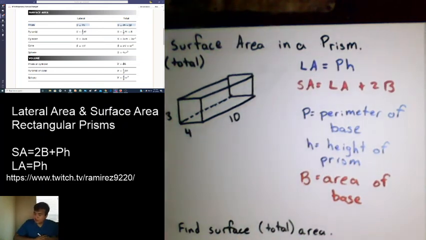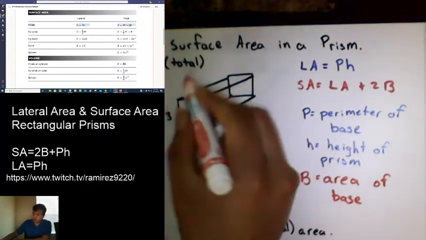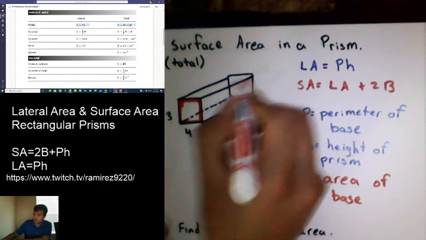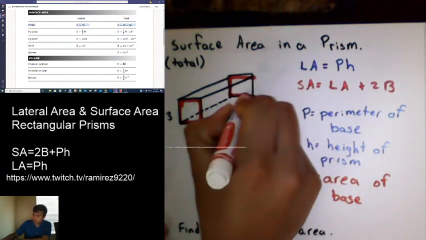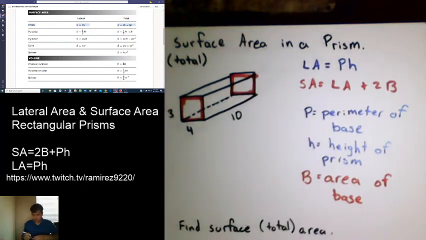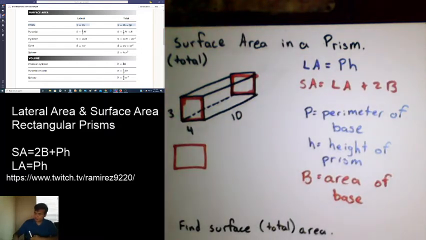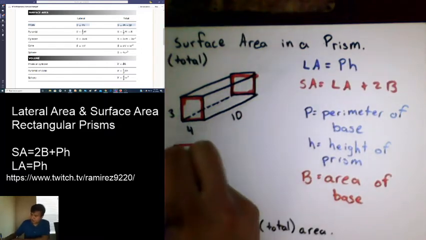All right, so now when this is a rectangular prism, all you have to do is pick two faces and let them be the ones that are parallel and congruent. I'm going to let those be my bases. So in my base, I know that this is 3 and this is 4.